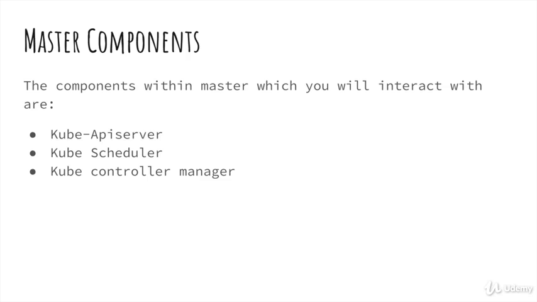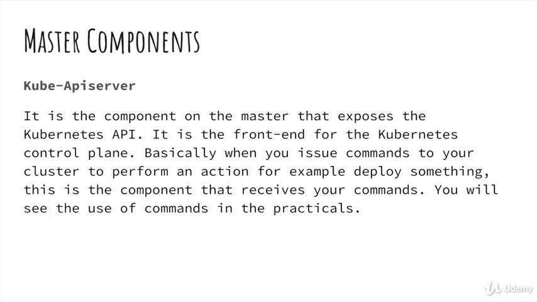Let's go a little bit deeper into master and nodes and look at the individual components within master. The components within master which you will interact with are the Kube API server, the Kube scheduler, and the Kube controller manager. Kube API server, it is the component on the master that exposes the Kubernetes API.